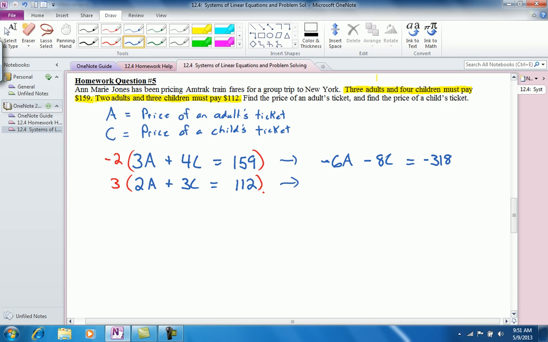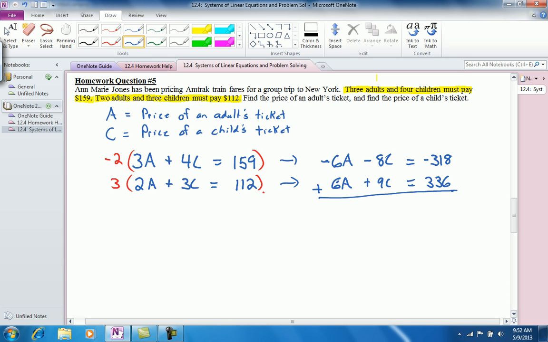I'm going to distribute 3 through the bottom equation, which would give me 6A plus 9C, and 3 times 112 is 336. Okay, notice how my A's are opposites and they will eliminate when I add, which is what my goal was.